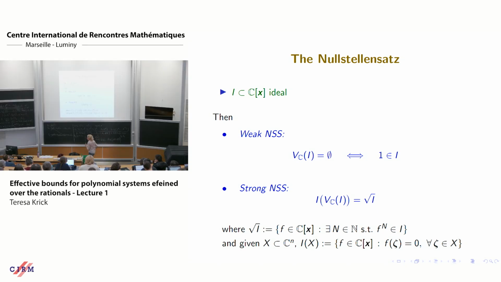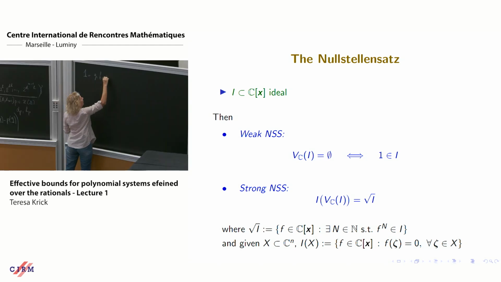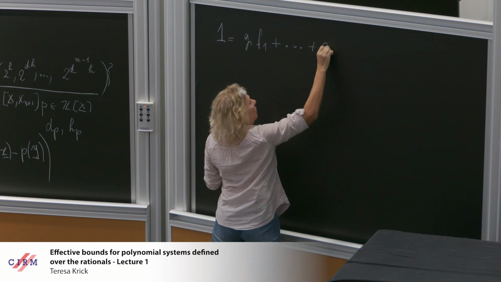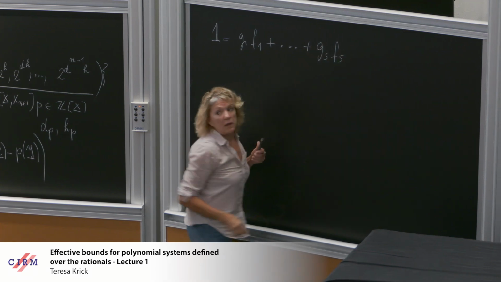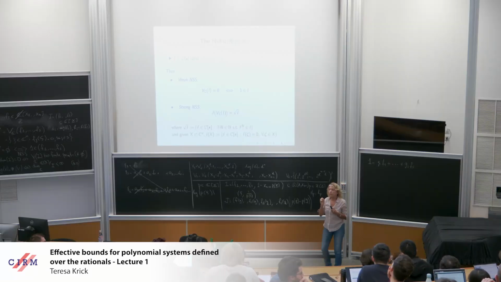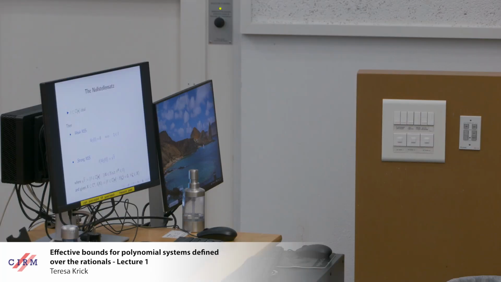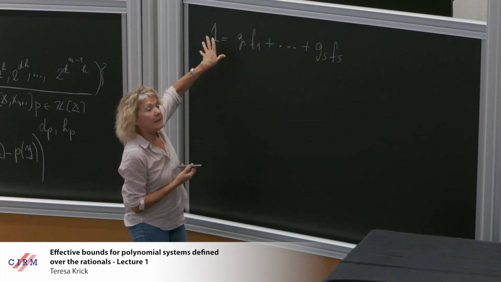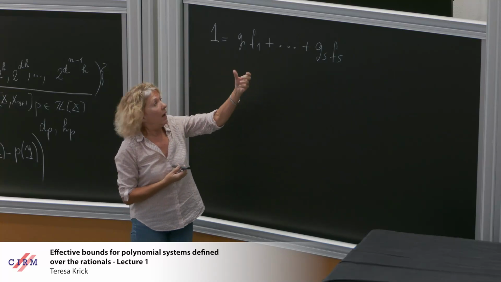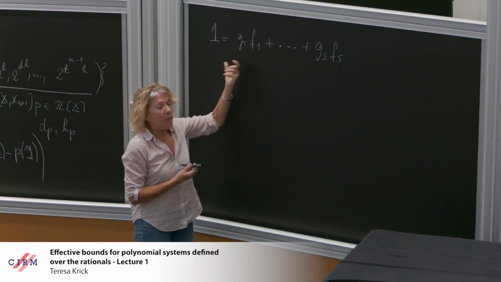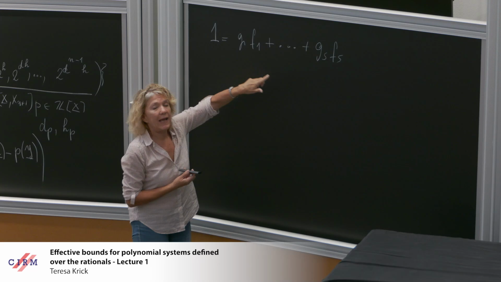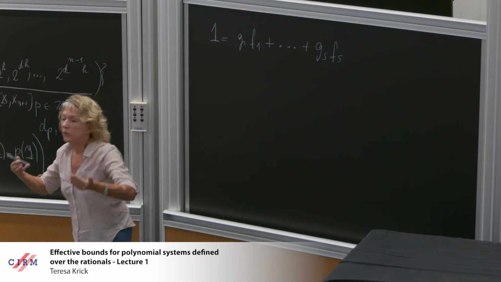So, having F1, ..., Fs, if there is such an expression, the degree of the Gi will be bounded by which quantity?